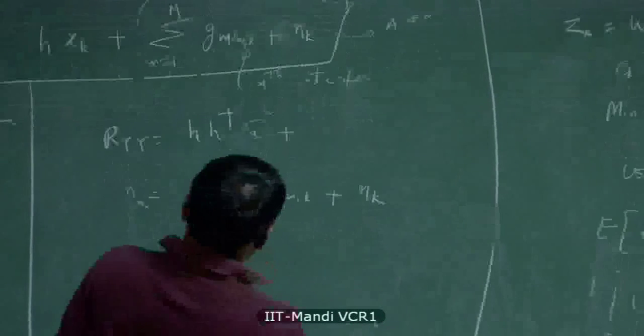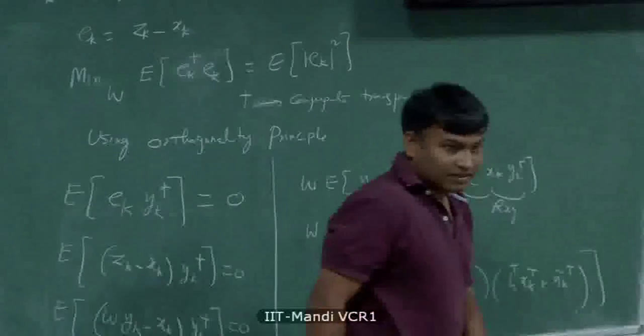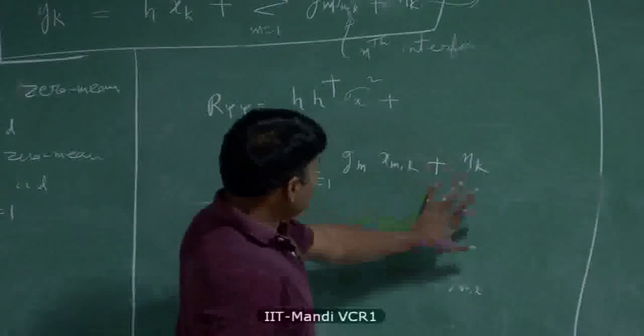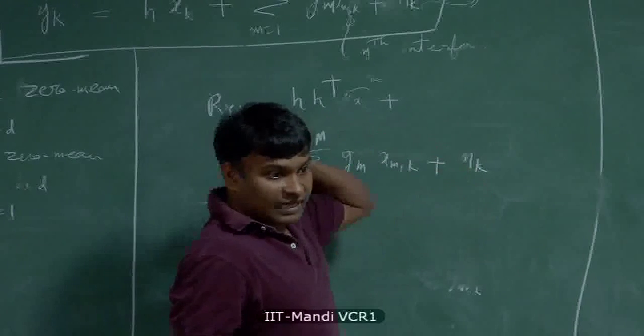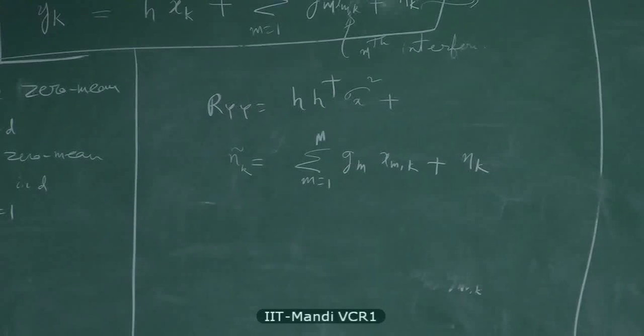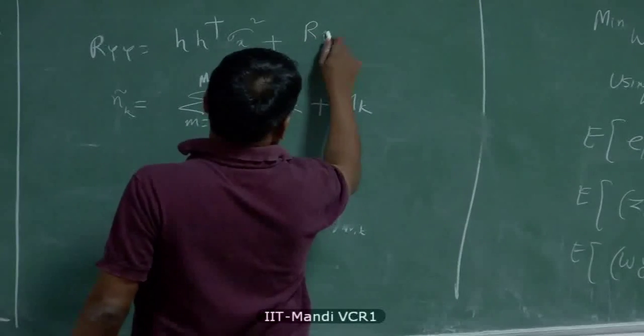Okay, so you tell me, what do you see here? Well, the cross terms should go to 0, right? Because all the terms in n tilde k, xm and nk, are statistically independent of xk, so the cross terms will go away, and you will end up with the expected value of n tilde k times n tilde k Hermitian, and that I would call R n tilde.